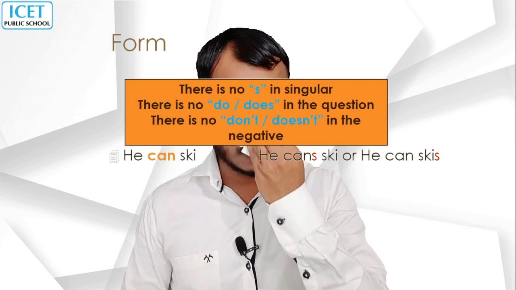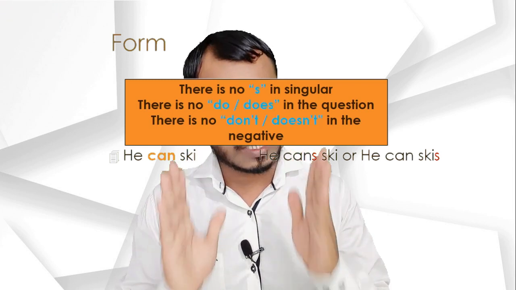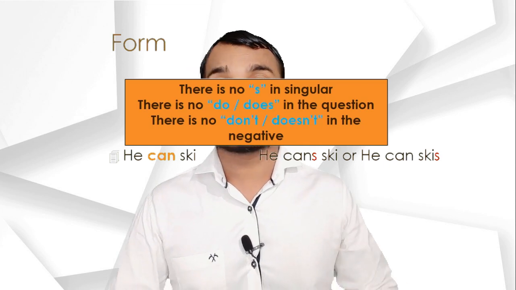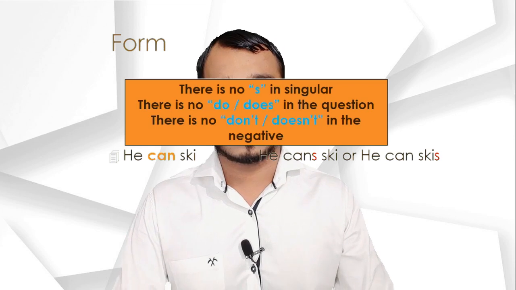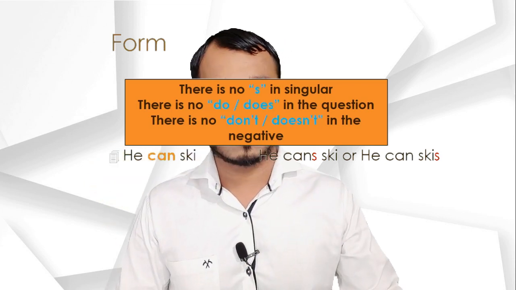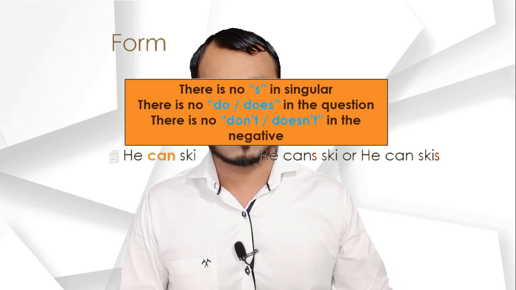That is why I included this one. He cans, no need. Can has only one form, that is can only. After can also, no need. Okay, you got it. No need to add s. If there is a modal as a helping verb, then there is no need of s.